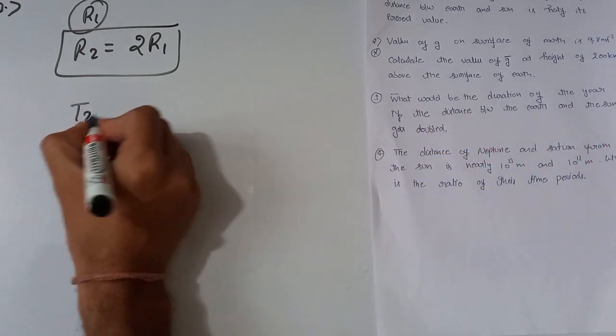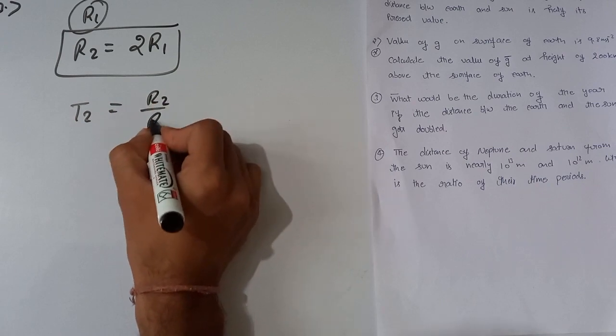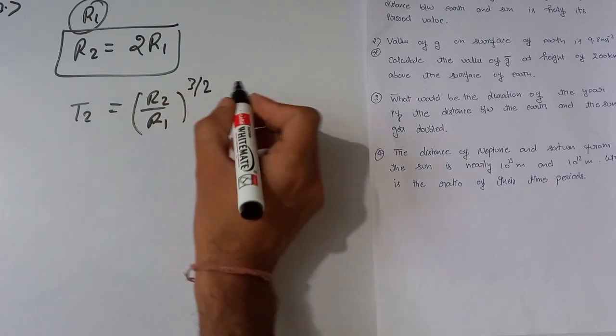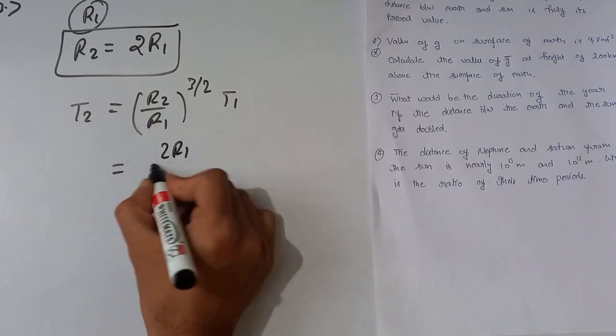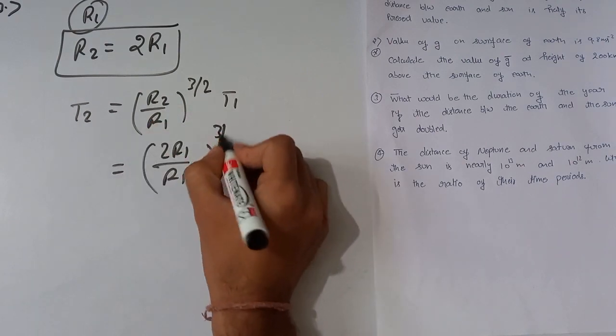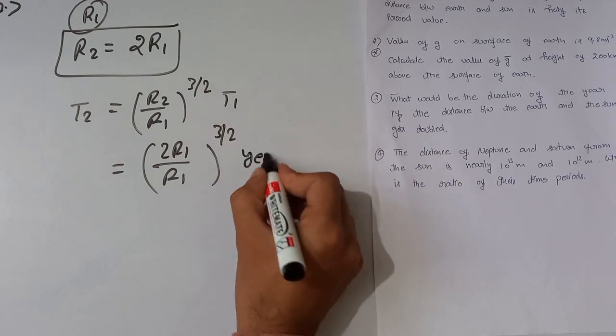We know the formula T2 is equal to (r2 divided by r1) raised to power 3 by 2 into T1. Substituting the value, r2 is 2r1, divided by r1, raised to the power 3 by 2. T1 is 1 year.